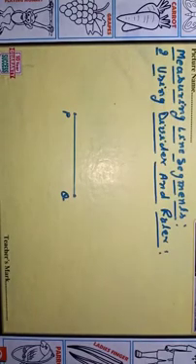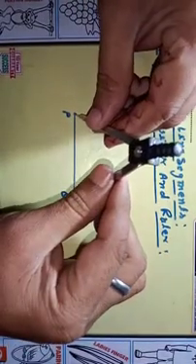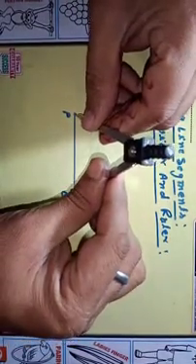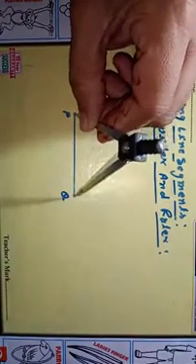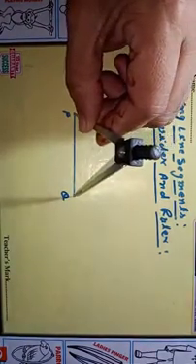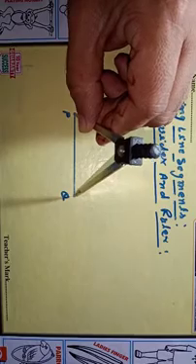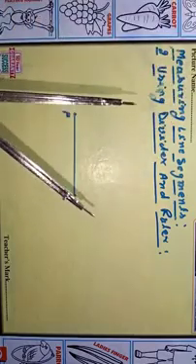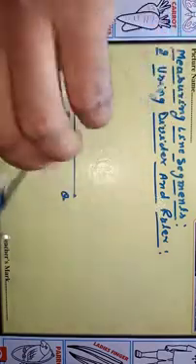Now next, measuring the length of PQ using a divider and ruler. First, students, we use the divider and measure the length of PQ. Now this divider is measured against the scale.